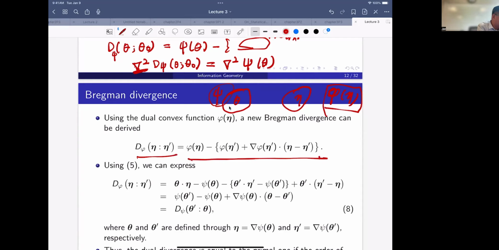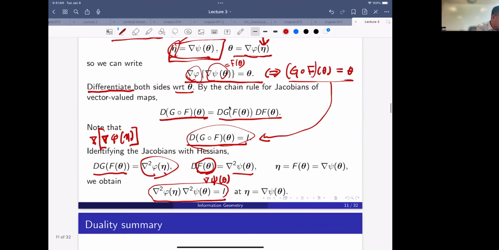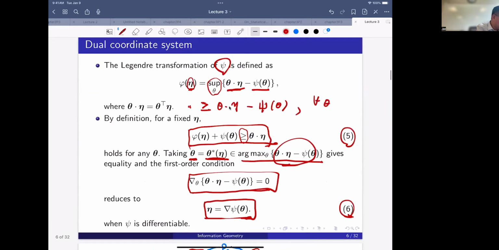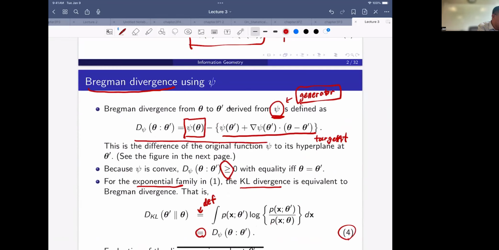Okay, so this is the Bregman divergence. We use exactly the same formula here, right? So this is the formula in the zeta coordinate system. In the zeta coordinate system, psi is the generator.